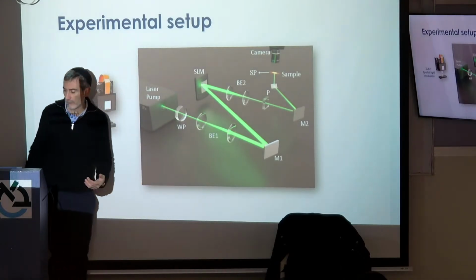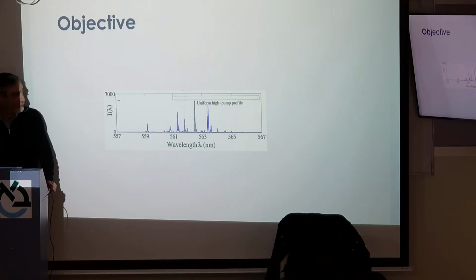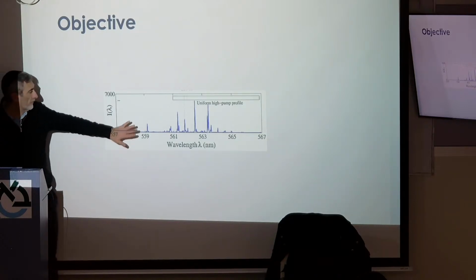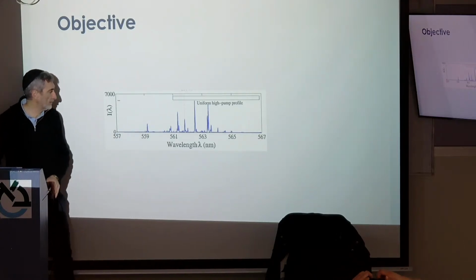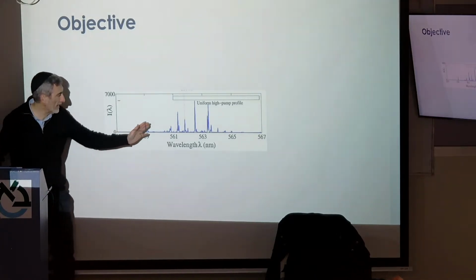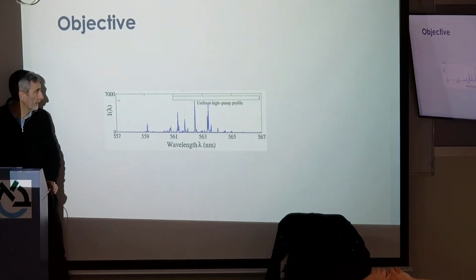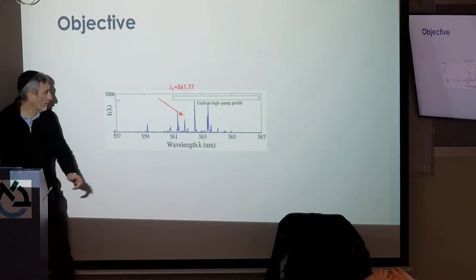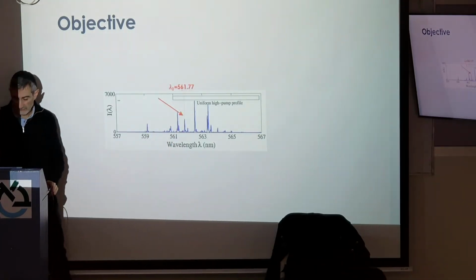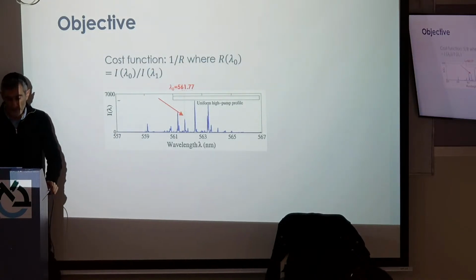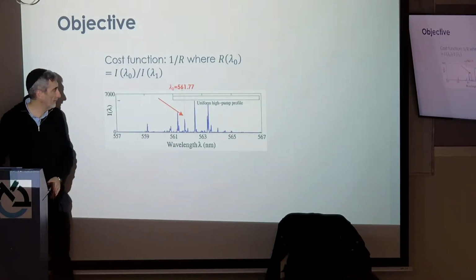So you can pump the system differently, and the objective is, starting from a uniform pump, you get a multi-mode spectrum. So many laser lines, different colors if you want, emitted by the laser. You want to find a way to select, for instance, this peak here, only one wavelength. So find the right profile to select only this peak.